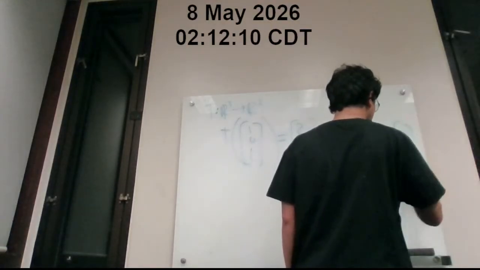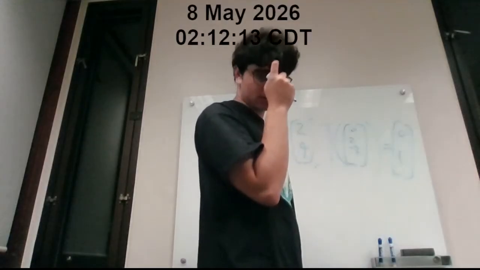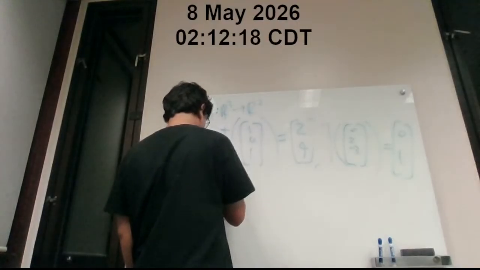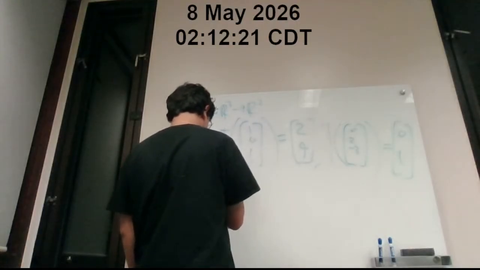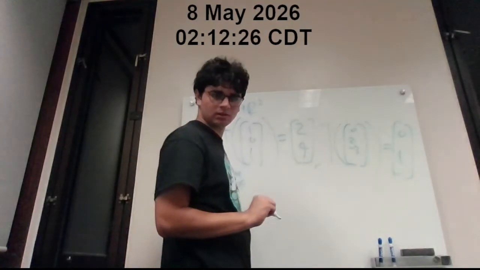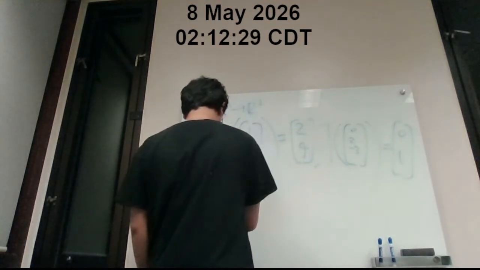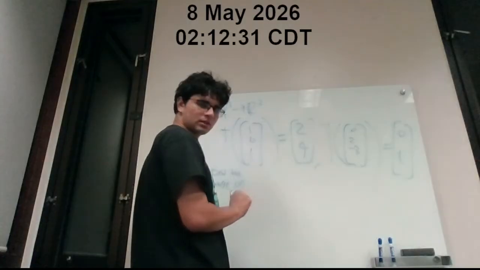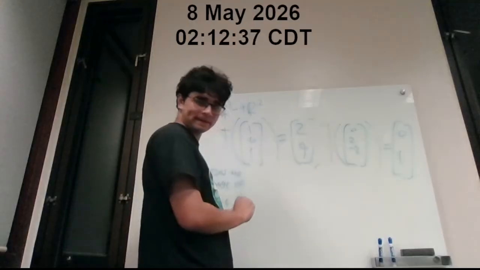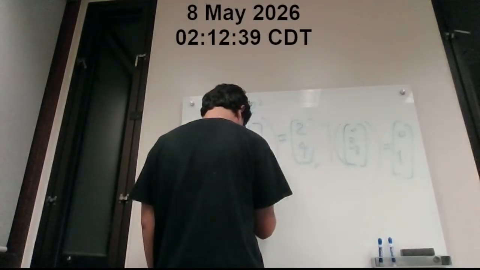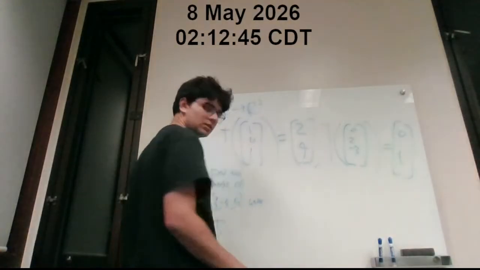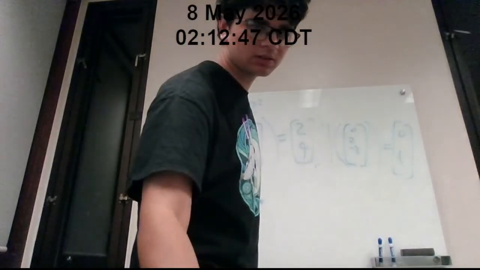Now I wonder when Canvas is going to come back up. Do you ever think of that? But you need to find the image of T of the following. So you have (3, -4, 9) under T. So how do you find that image?